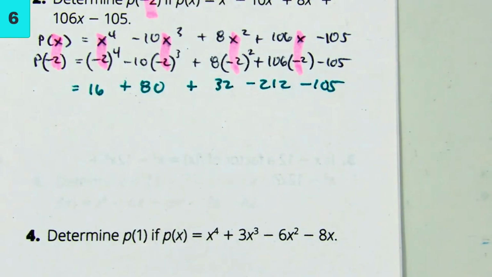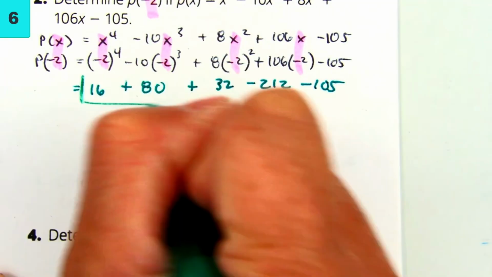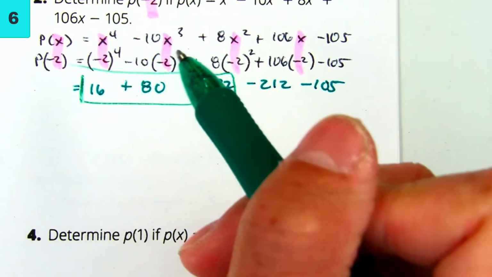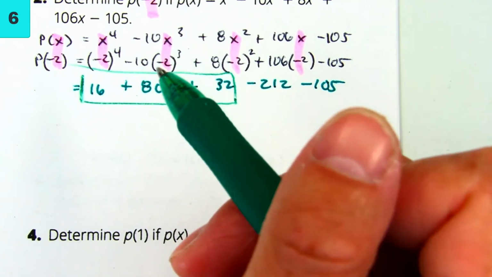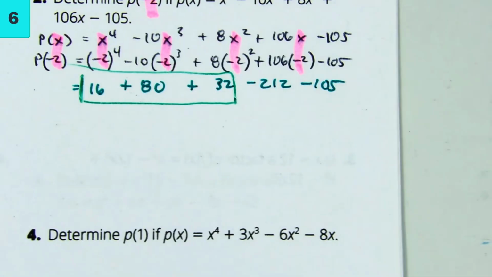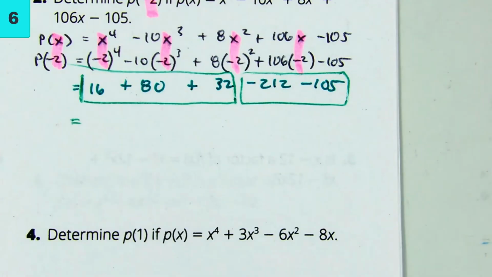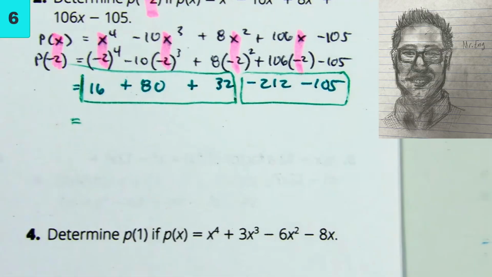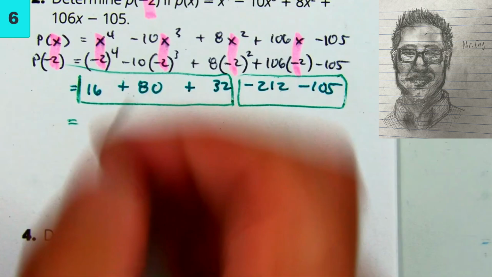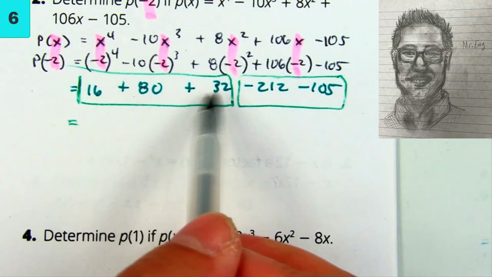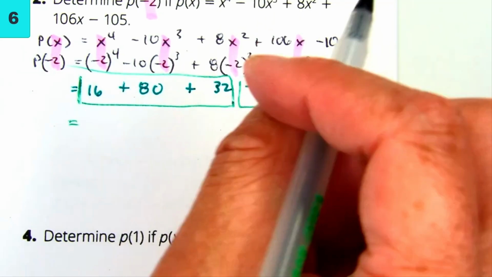So we can just put all the positive numbers together. Melissa, you're in charge of all these. And Brian, you're in charge of all the negatives. I mean, you could just add those and just subtract. Melissa, what do you get here?